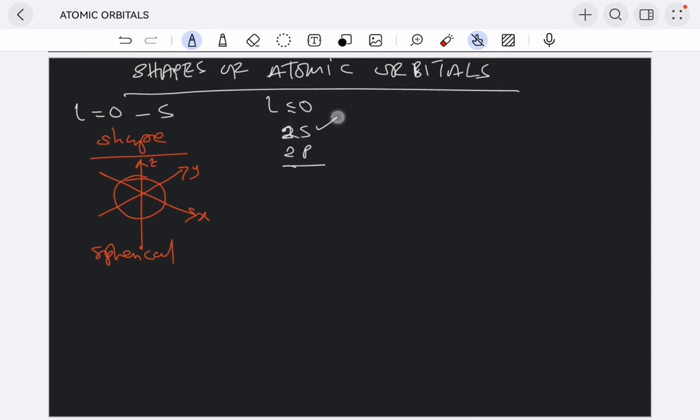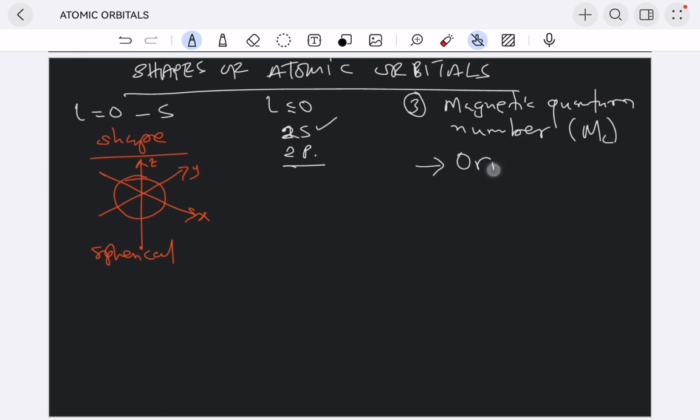So we know the shape of the S, we want to know the shape of P. So for P, when we go to the third quantum number, which is the magnetic quantum number, denoted by M sub L, this focuses on the orientation.